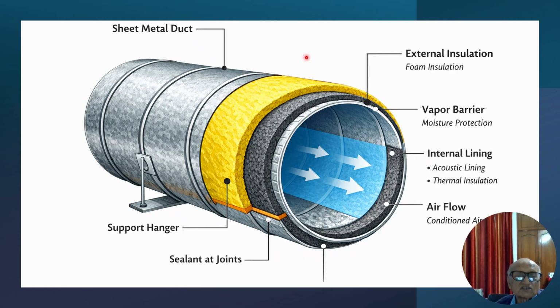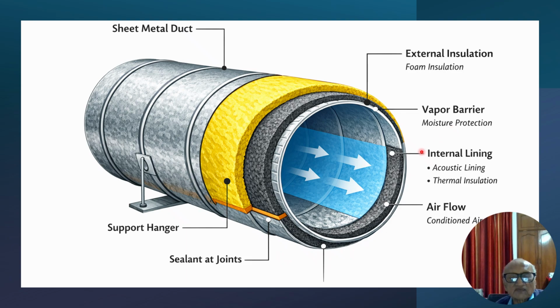Friends, this diagram shows the sectional cutout detail of a sheet metal duct. It is provided with external insulation as shown in black, and the white one shows the vapor barrier for moisture protection.